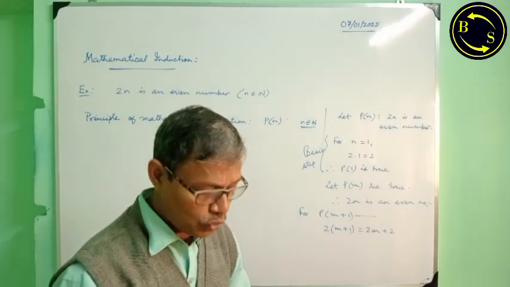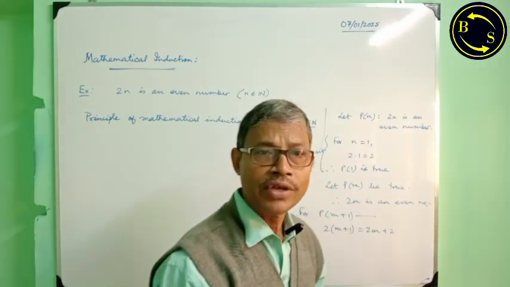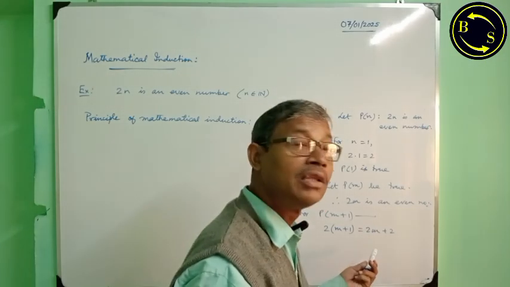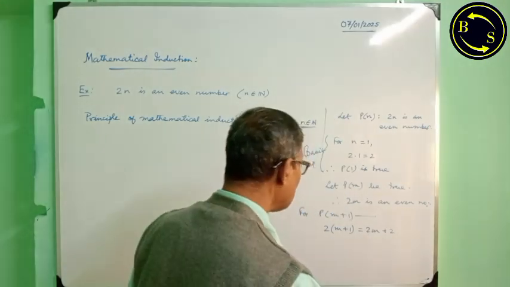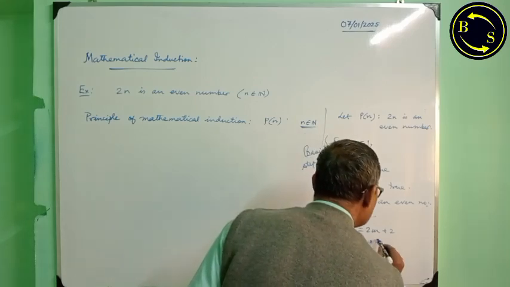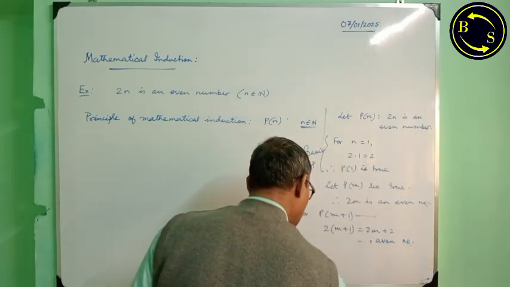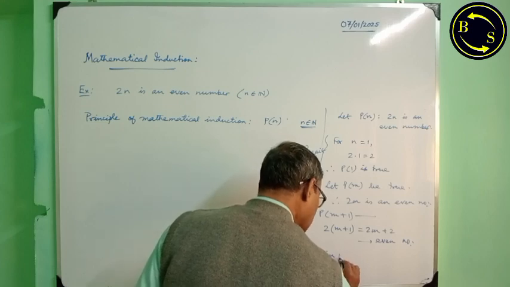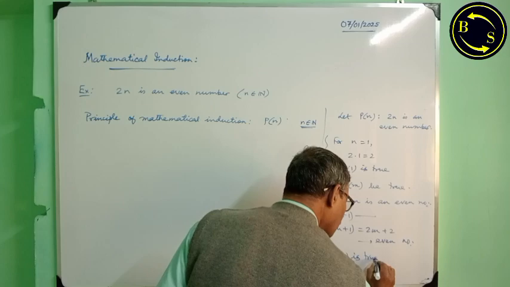If we add 2 to it, then we get 8, which is the next even number after 6. Therefore, this is an even number. Therefore, Pm plus 1 is true.